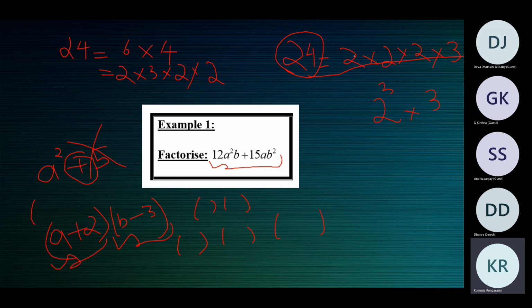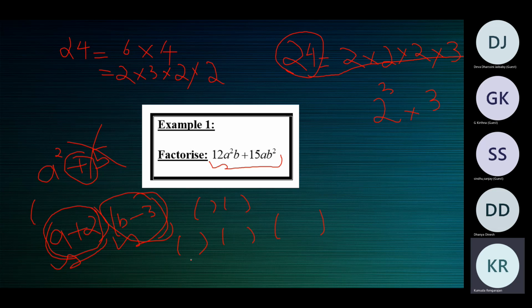See here, 2 into 2 into 2 into 3, the final answer has only the multiplication sign, no plus minus. Similarly, you can have an expression with a plus or minus sign, a plus 2 into b minus 3. So we say that the two factors of that given expression are a plus 2 and b minus 3.